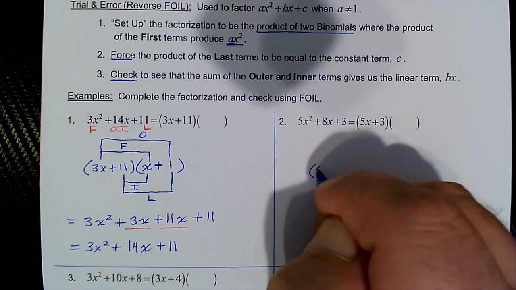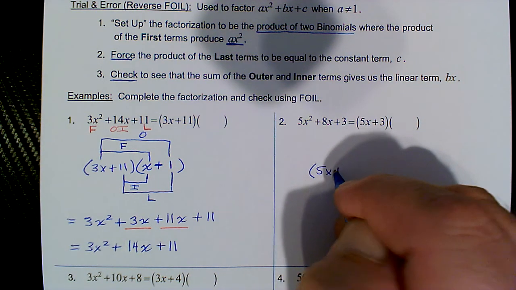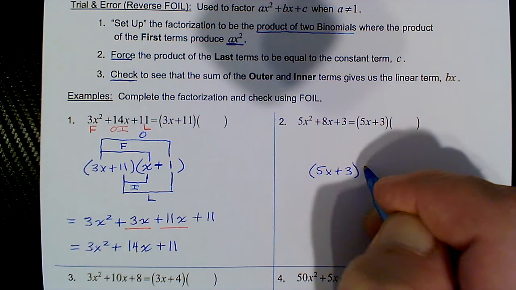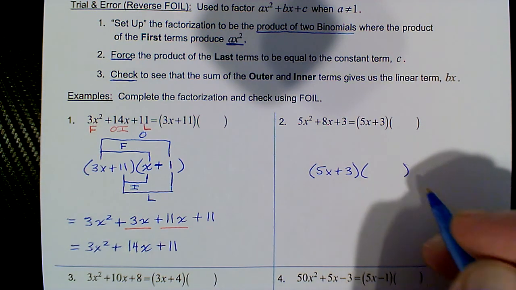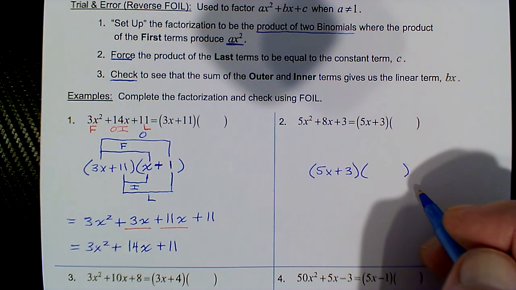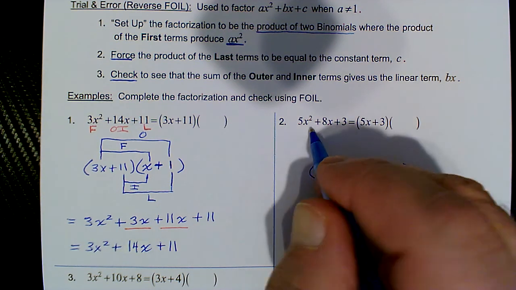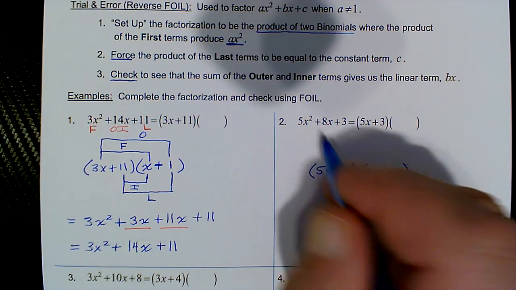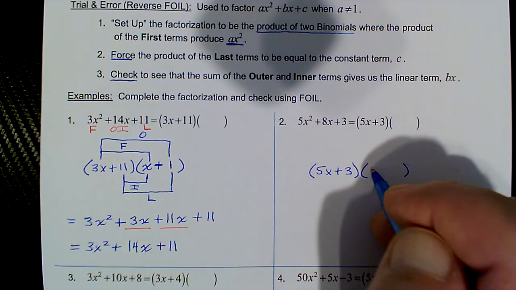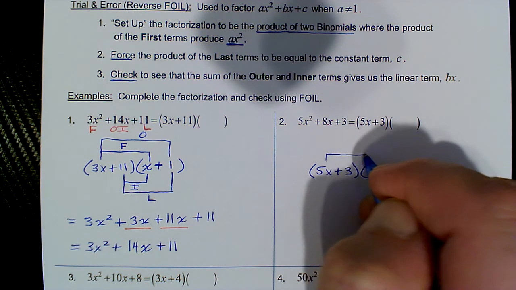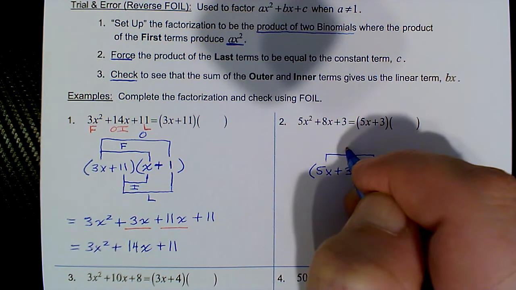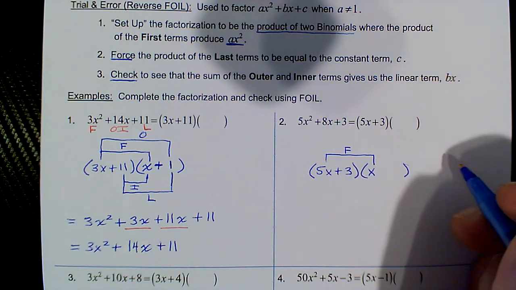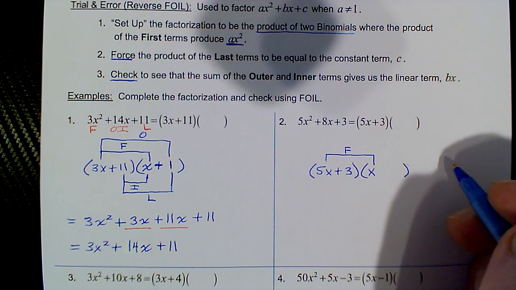Okay, so in this case, again, we're getting warmed up to the concept. They're giving us a hint. And we have to think of reversing the FOIL method. Fortunately, this is 5x squared and this is 5x, so the only thing that the first term of this second binomial could be is x, to give us the product of 5x squared.